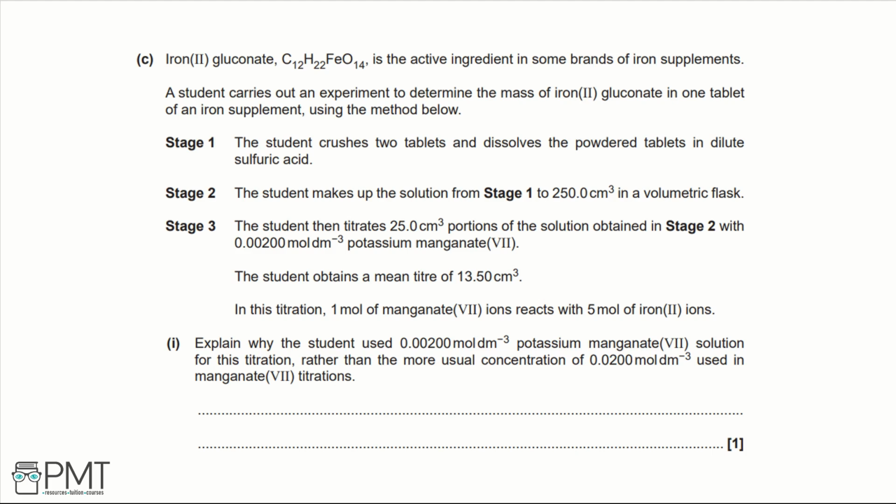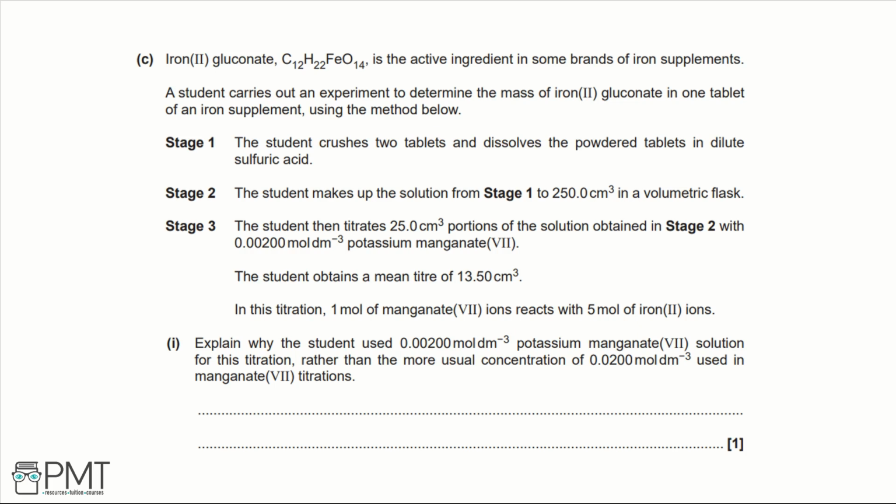Stage 3. The student then titrates 25.0 cm³ portions of the solution obtained in stage 2 with 0.00200 mol per dm³ potassium manganate(VII). The student obtains a mean titre of 13.50 cm³.